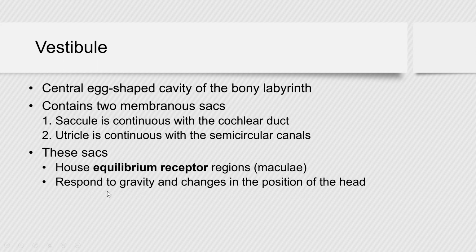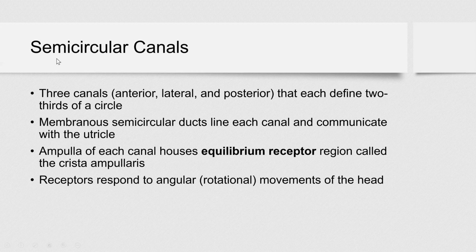So if you're in a car and you close your eyes and the car starts moving, you will feel that movement because of your saccule and utricle and those maculae, the sensory receptors. You don't need to see that the car is moving to feel this movement. That's a function of the vestibule.